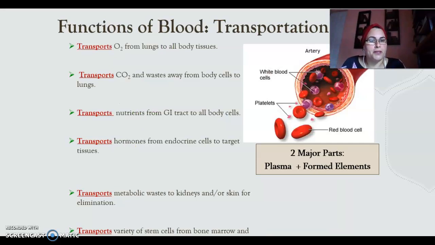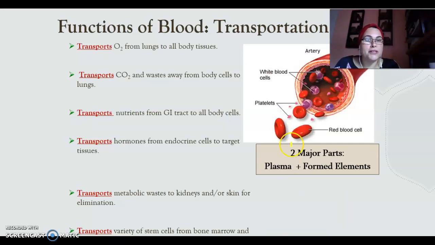What are the functions of blood? Blood has many functions, but number 1 is transportation. And under transportation, we have a long list.